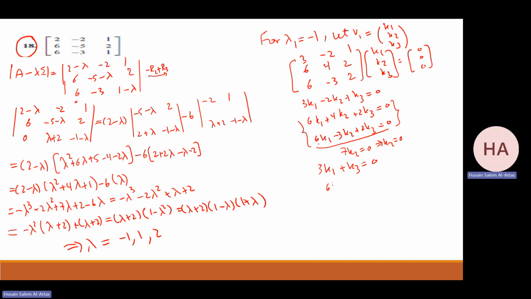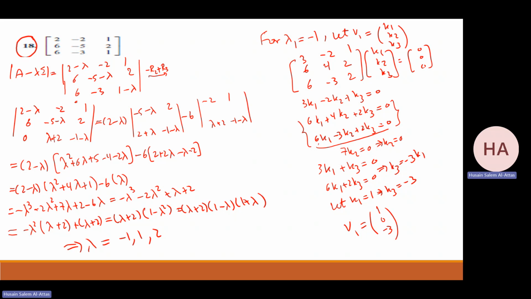And 6K1 plus 2K3 equals 0. They are the same. So I can say K3 is minus 3K1. So I let K1 to be 1. K3 will be minus 3. So V1 will be what? 1, 0, minus 3. Good.